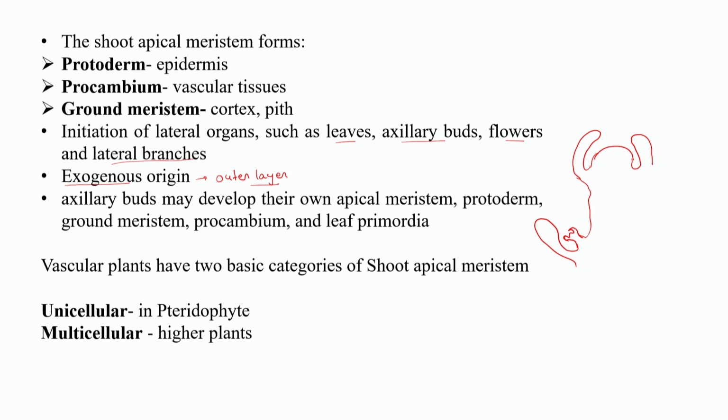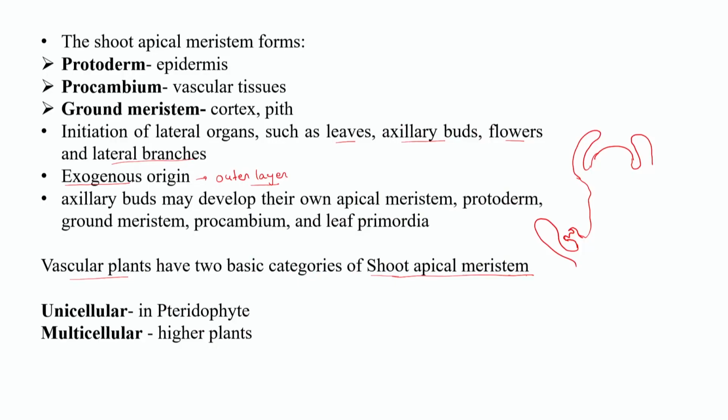plant. Now, when we talk about the organization of the shoot apical meristem in vascular plants, it's not about only angiosperms. All the vascular plants, meaning all those plants which have a vascular system for conduction, even pteridophytes are included, gymnosperms are also there, and higher flowering plants are also there.